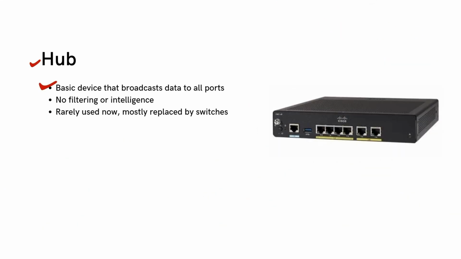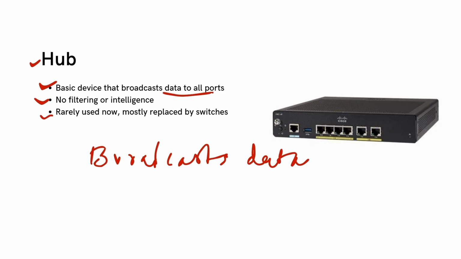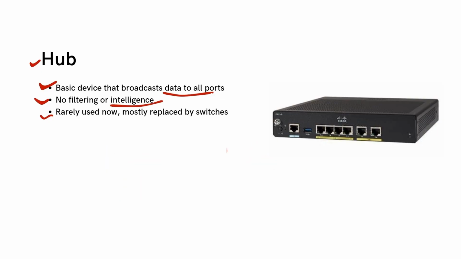Hub is a basic device that broadcasts the data to all ports, and it has no filter or intelligence. It is rarely used now, mostly replaced by switches. So hub is the basic networking device, and it broadcasts data to all ports, all devices which are connected to the hub.